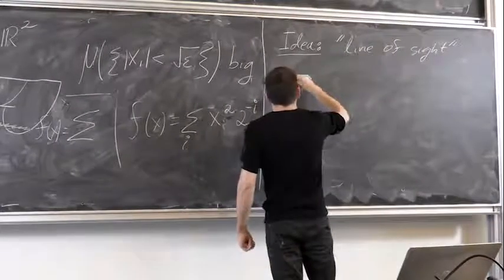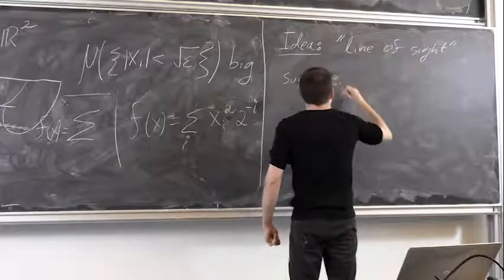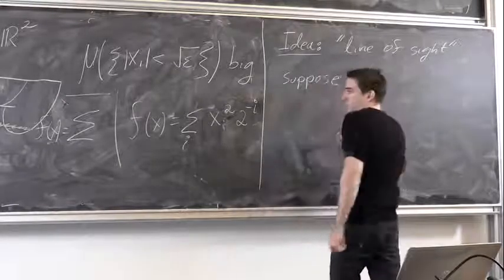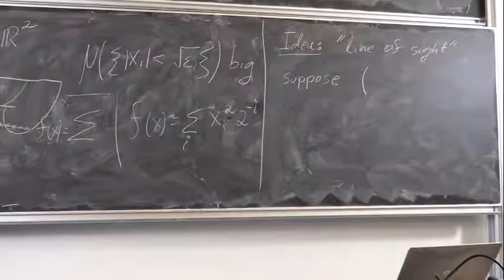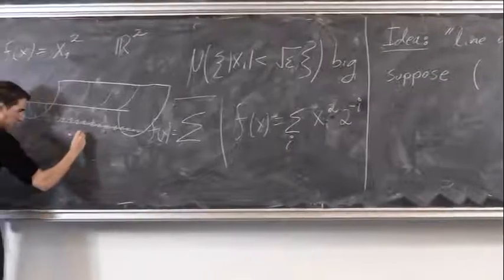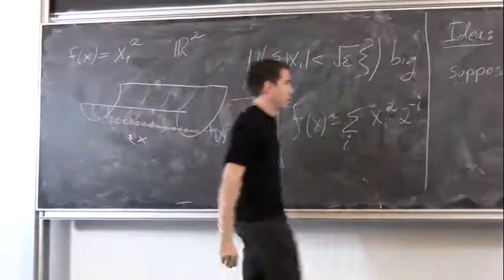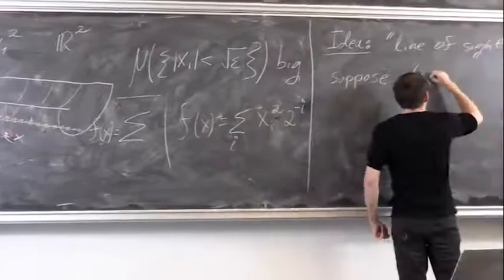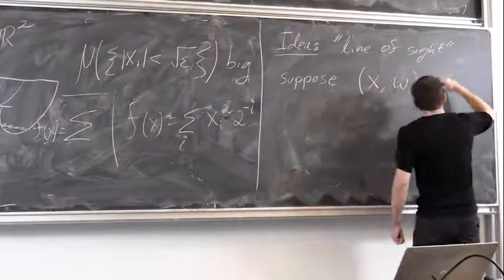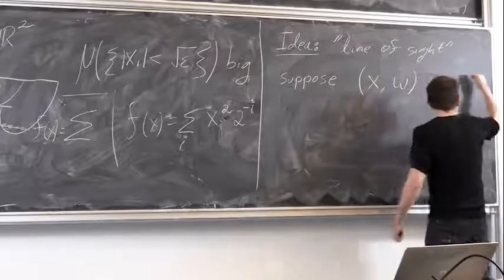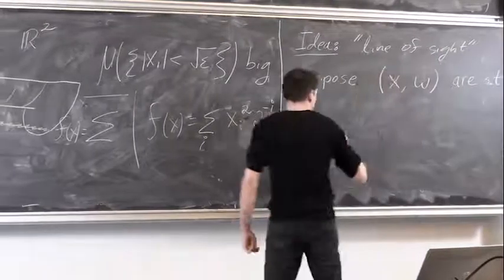Suppose that we have two points, let's call them x and w, such that we have the following.